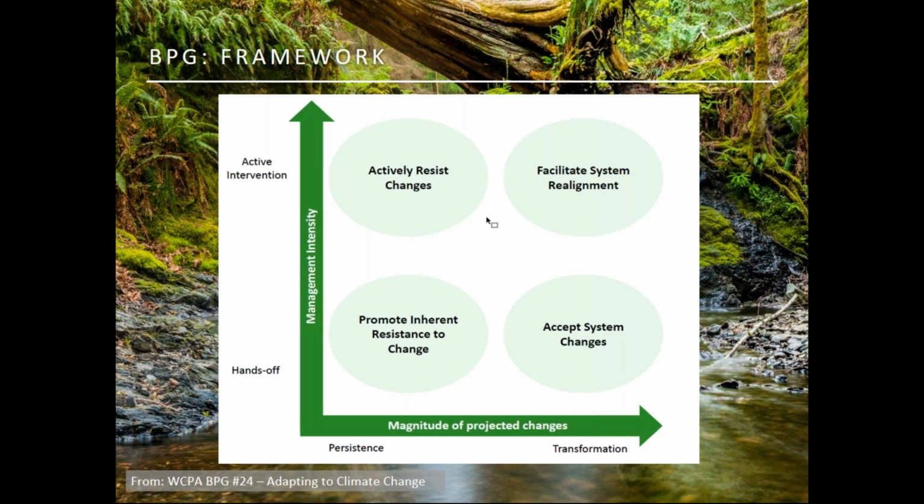So we decided to put this graph to basically show you, let's say, four scenarios that you can work on. Hands off, it's going to transform, well, accept system changes. But we believe that active intervention and transformation can go hand in hand to facilitate system realignment.